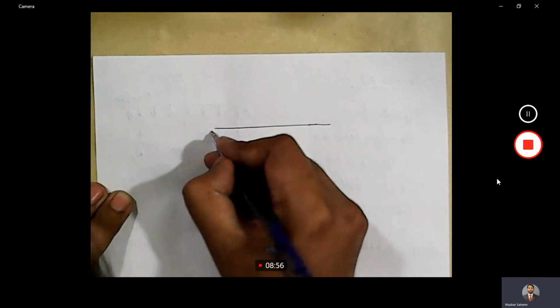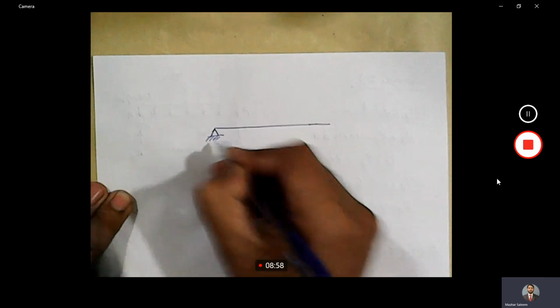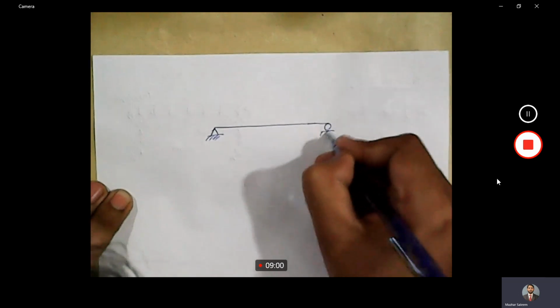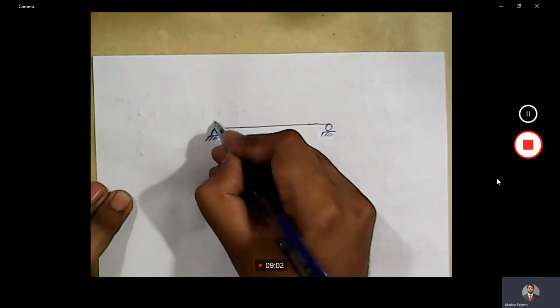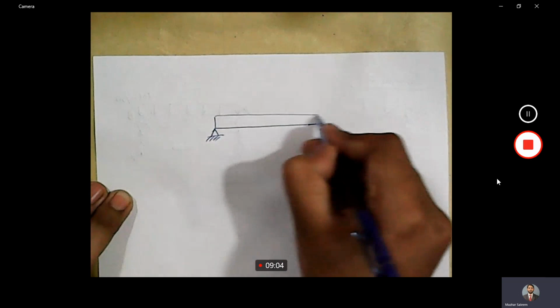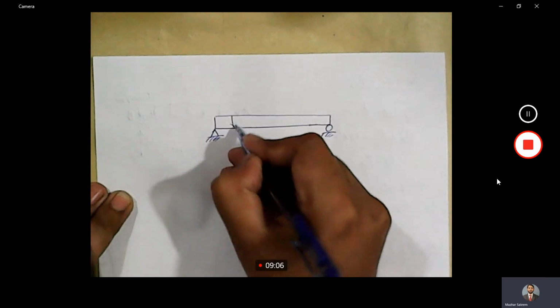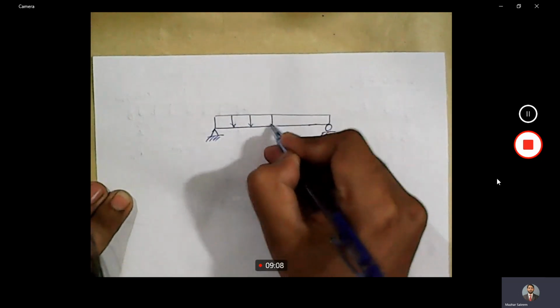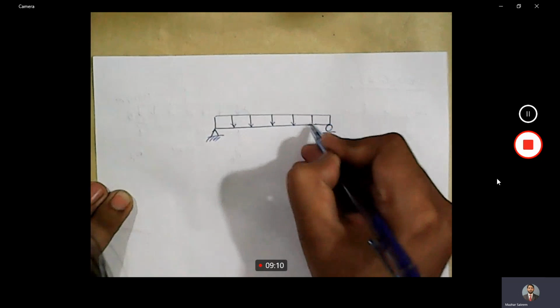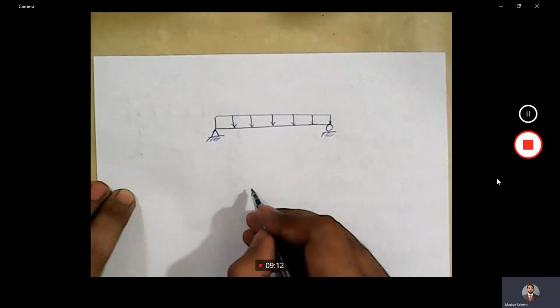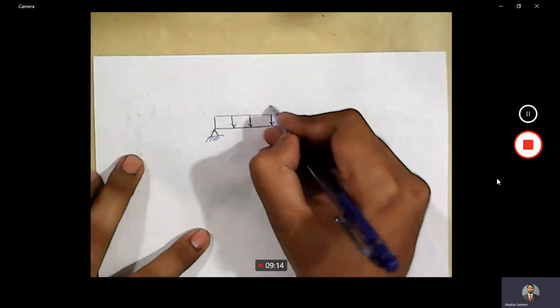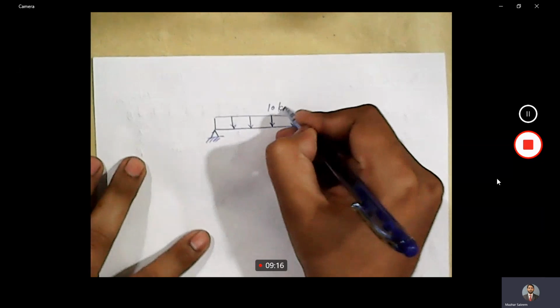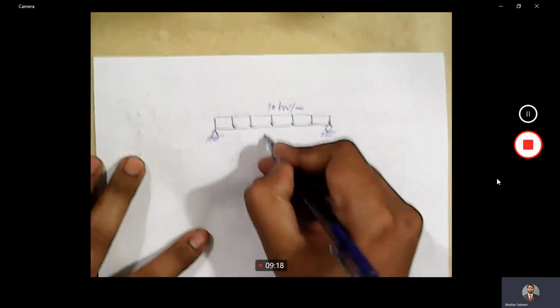Okay, we have a simply supported beam subjected to a UDL. Intensity of UDL is 10 kilonewton per meter.